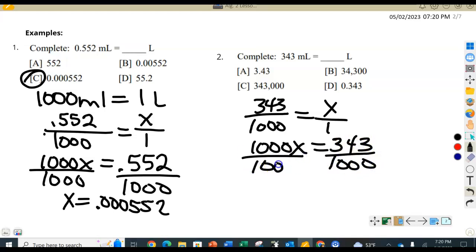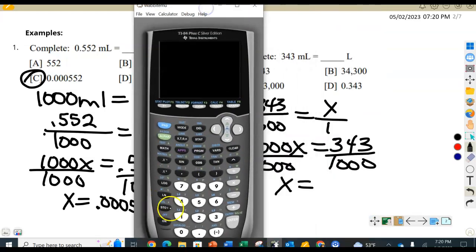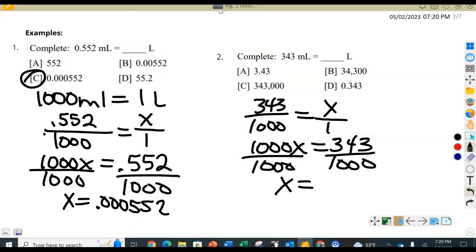Divide by that number because you're solving for X. So we're going to have 343 divided by 1,000. Again, you're moving your decimal 3 places. So it's going to be 0.343. This is going to be answer D.